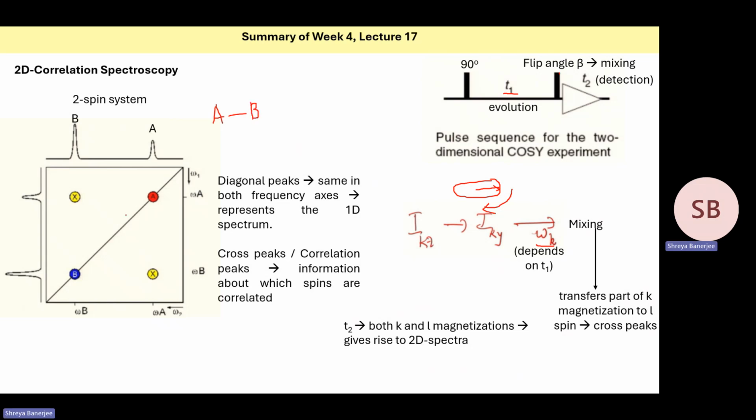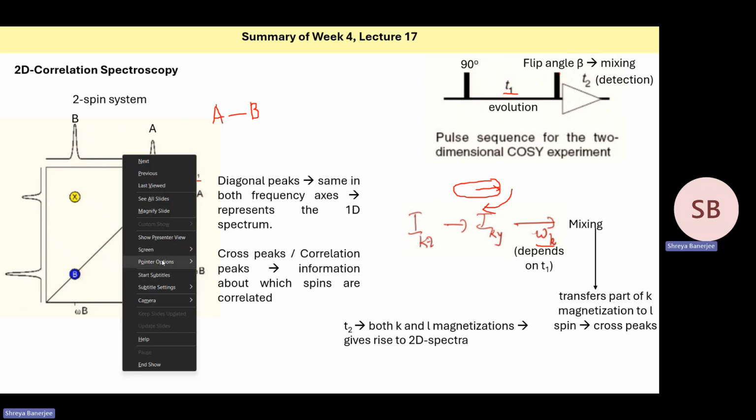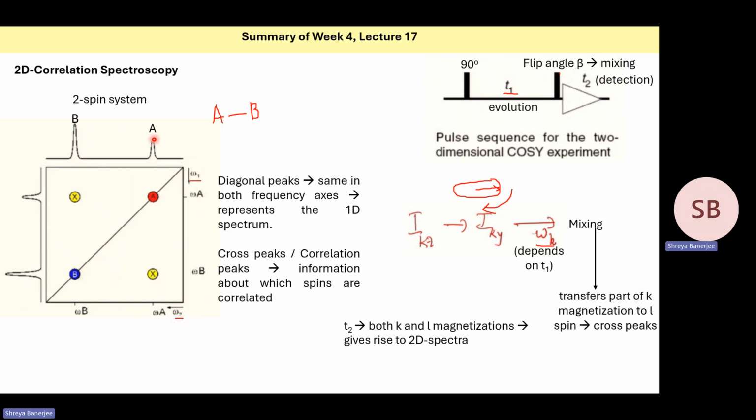We know that in 2D spectra, both the axes have frequency omega 1 and omega 2. If you only look at one axis, that is your normal 1D spectra. A has a certain signal, B has a certain signal. Again, if you look along the other axis, A has a certain signal, B has a certain signal.